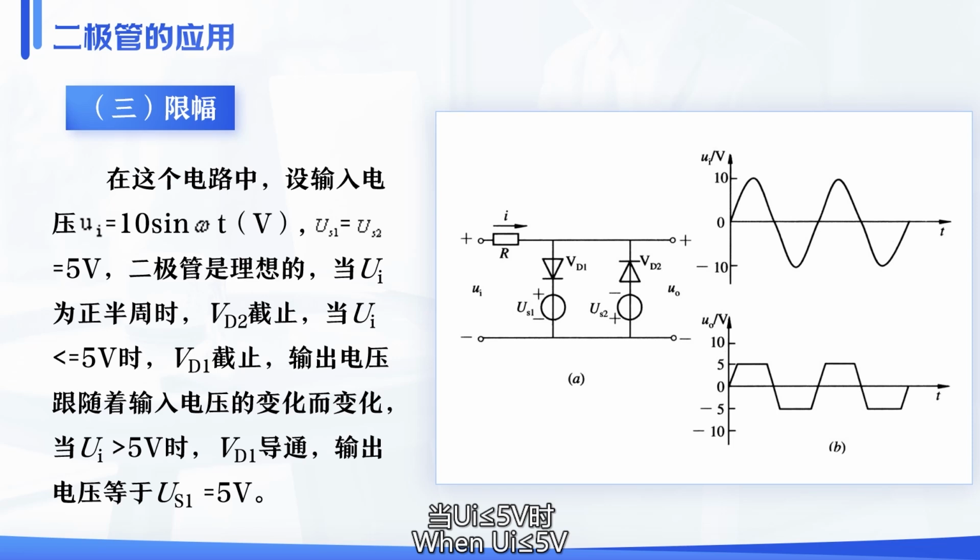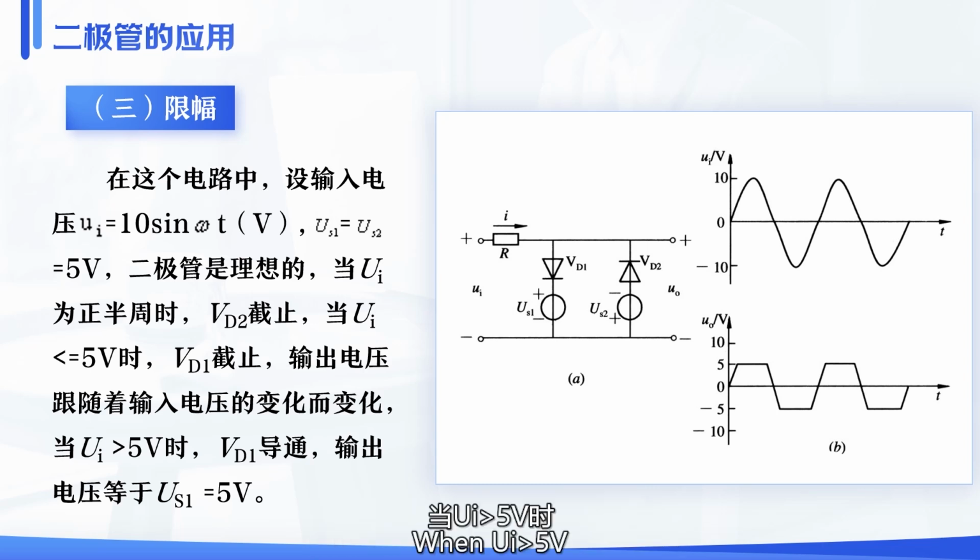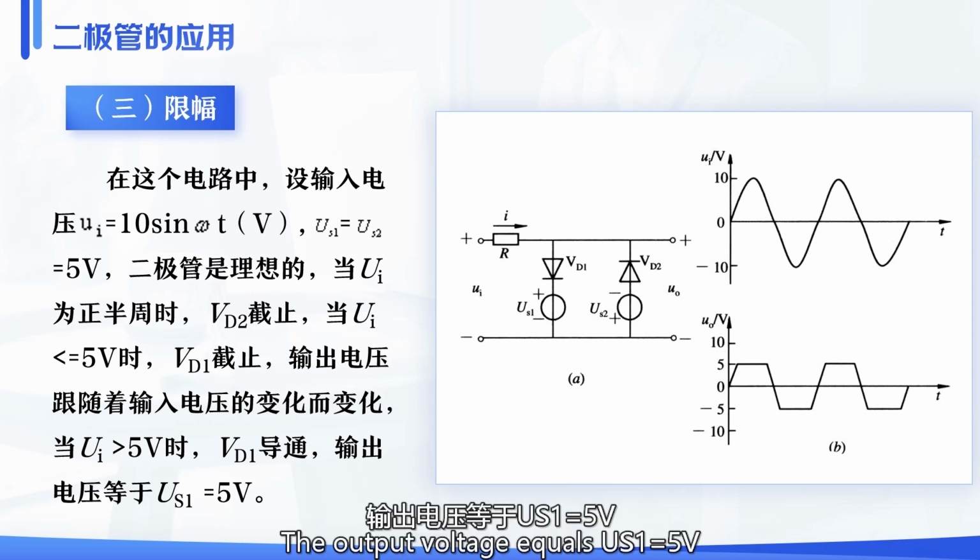When UI is less than or equal to 5 volts, VD1 is cut off. The output voltage changes with the input voltage. When UI is greater than 5 volts, VD1 conducts. The output voltage equals US1, which is 5 volts.